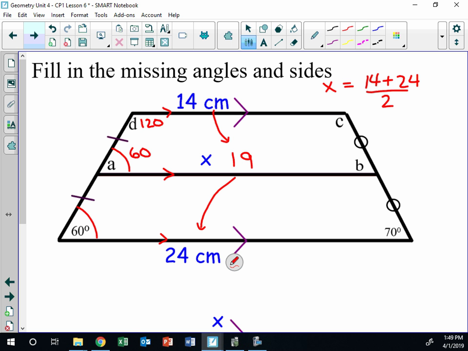They have to add up to 180 because of how parallel lines and transversals work together. So we could put in the corresponding 60-degree angle here and look at our linear pair to get the 120. Same thing on the other side. The 70 would be transferred up to B, corresponding position. We could transfer that 70 up above C and then use the idea of a linear pair to solve for C.